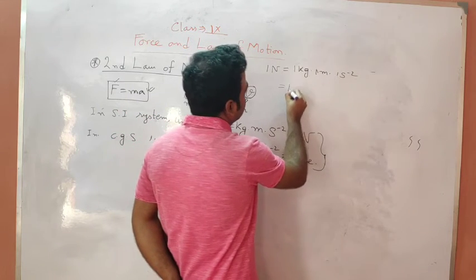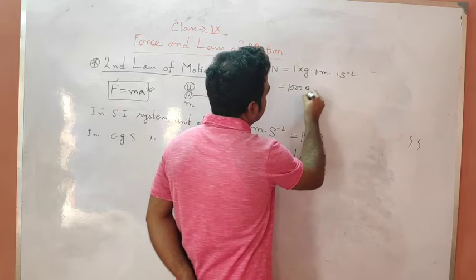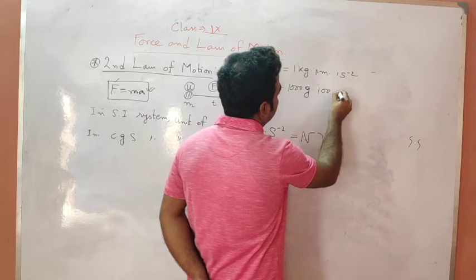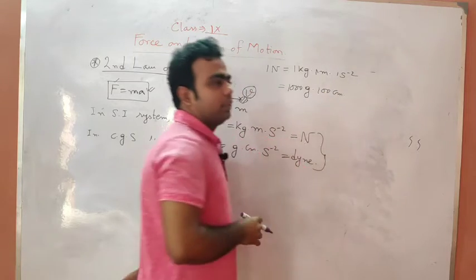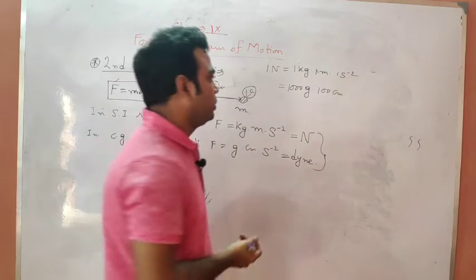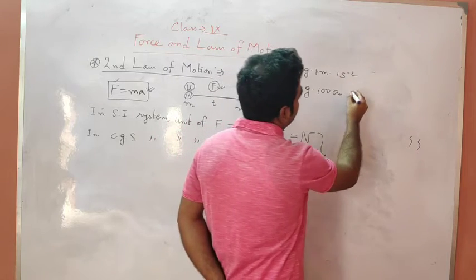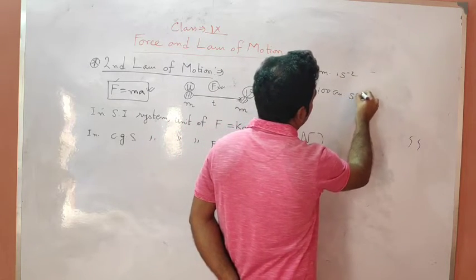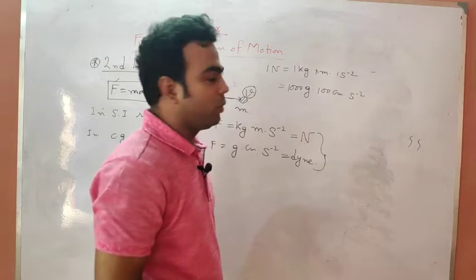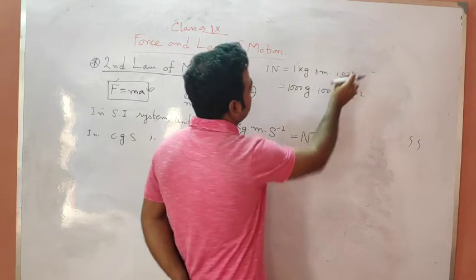Now 1 kg means 1000 gram and 1 meter means 100 centimeter, and in both the CGS and SI systems the unit of time is second, so it will be second to the power minus 2. There is no need to change the unit of time.